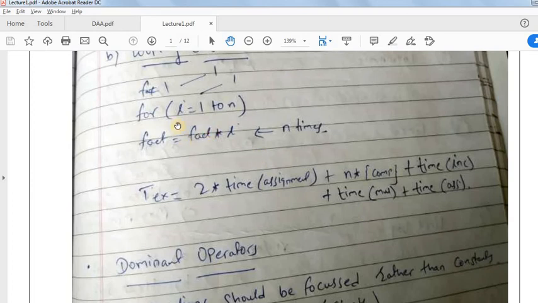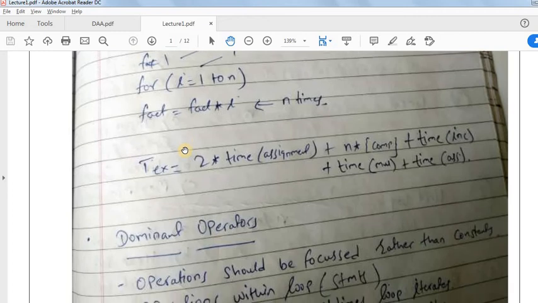So in our factorial program, multiplication will dominate all the other constant or assignment operations. While deciding the time complexity of any algorithm, main focus is given on the operators which dominate the smaller constants or assignments. Majorly, there are 2 categories of programs or algorithms.